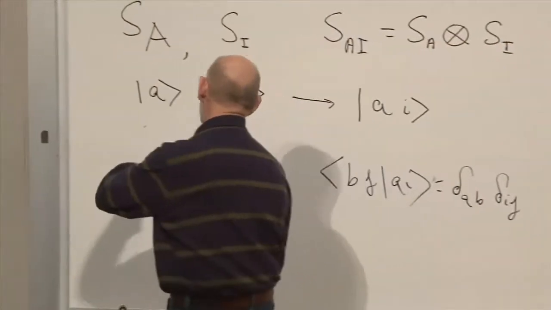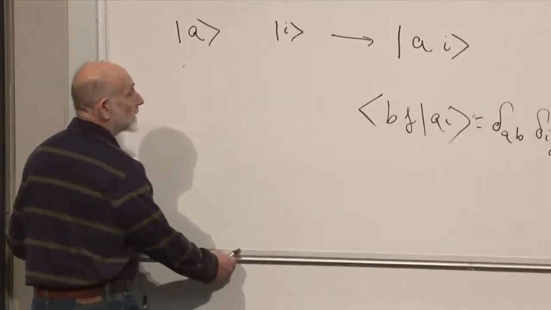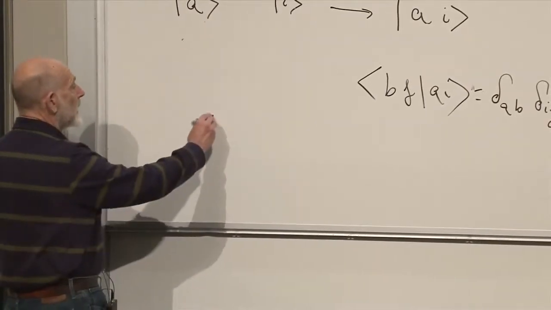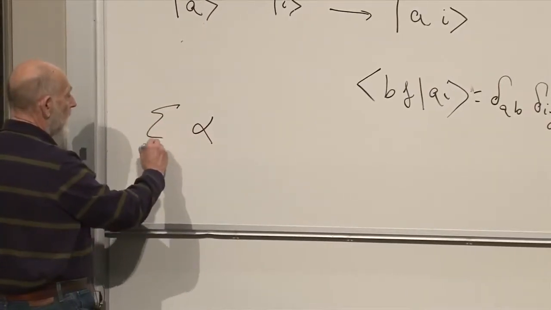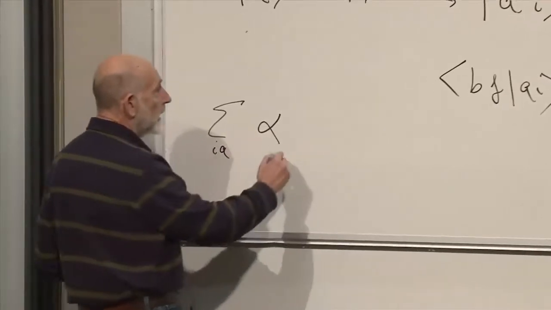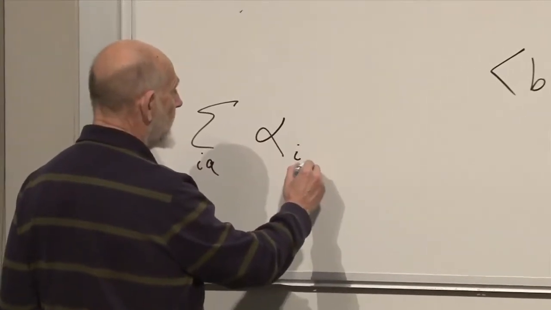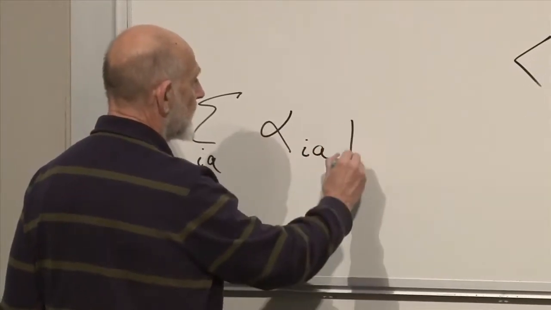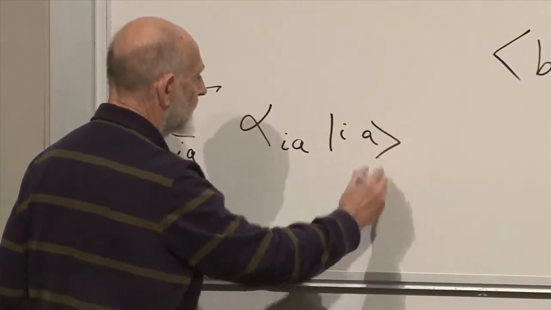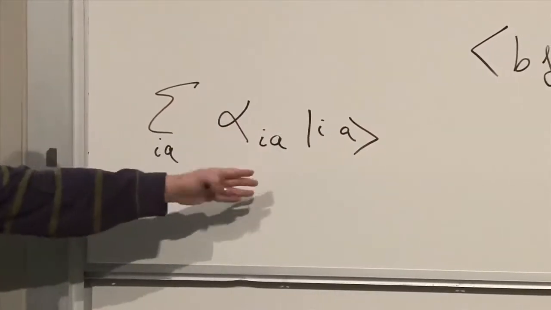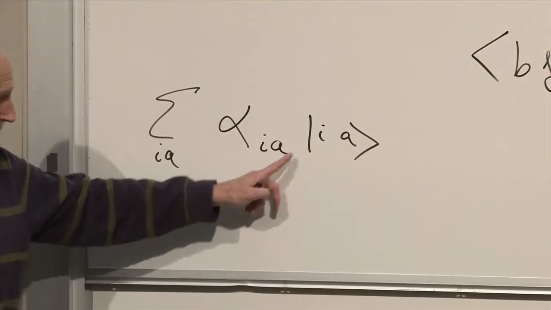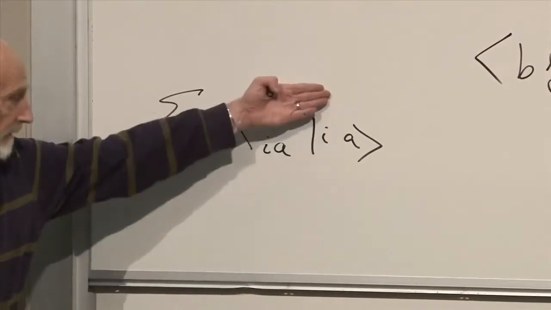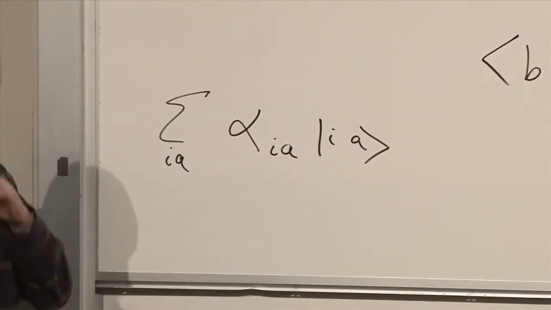So the general vector in the tensor product is of the form sum over I and A, alpha, let's call it some IA, a general linear combination with coefficients that depend on what's inside here times the basis vectors.